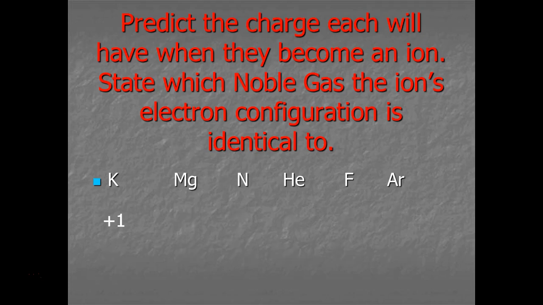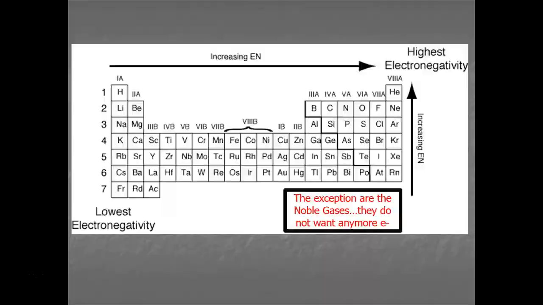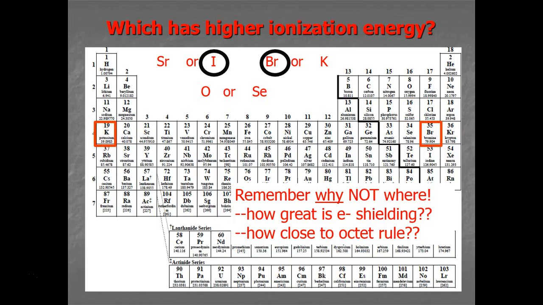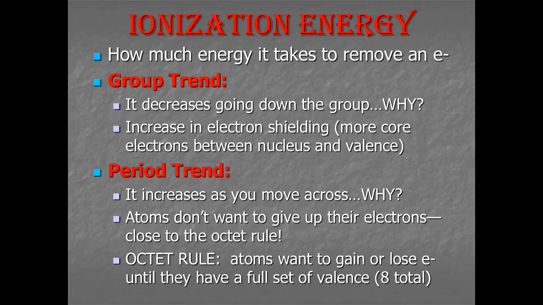So going back here to what we were talking about, way back here with the ionization energy, I said that as you go across a period, ionization energy, again, remember, is the amount of energy it takes to remove an electron. As you're going across a period, that means as you're getting closer and closer to the right side of the periodic table, you're getting close to the halogens and the noble gases. It becomes harder to give up electrons as you're closer to the noble gases because you're closer to having that octet.